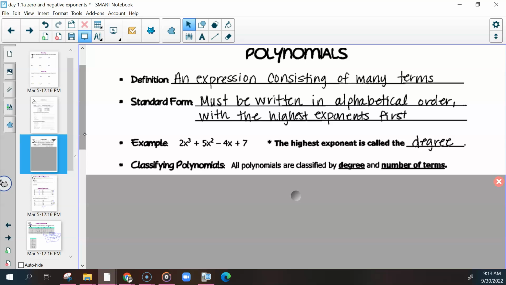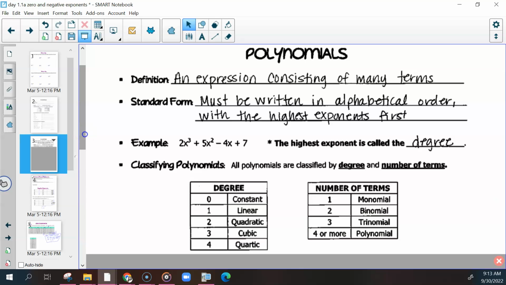When we classify polynomials, they are classified by the degree and the number of terms. So you should have that table. The degree is the actual exponent itself. So for this example, this would be a cubic function because the highest exponent is 3.